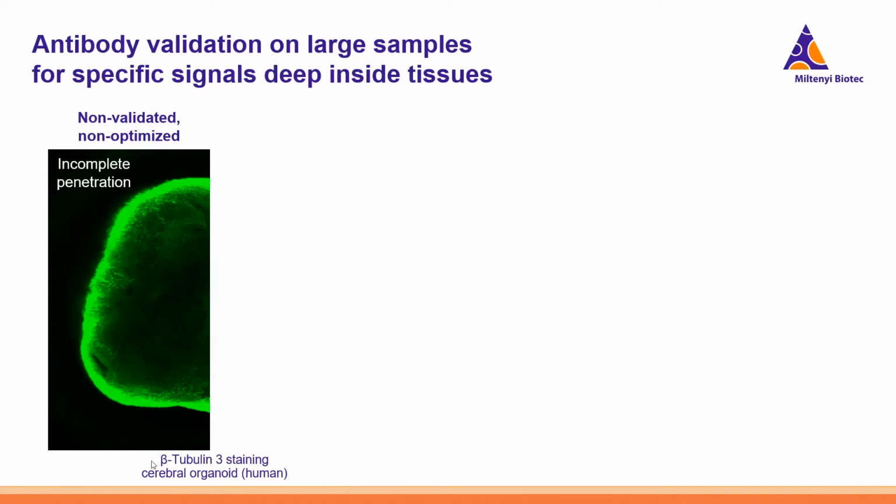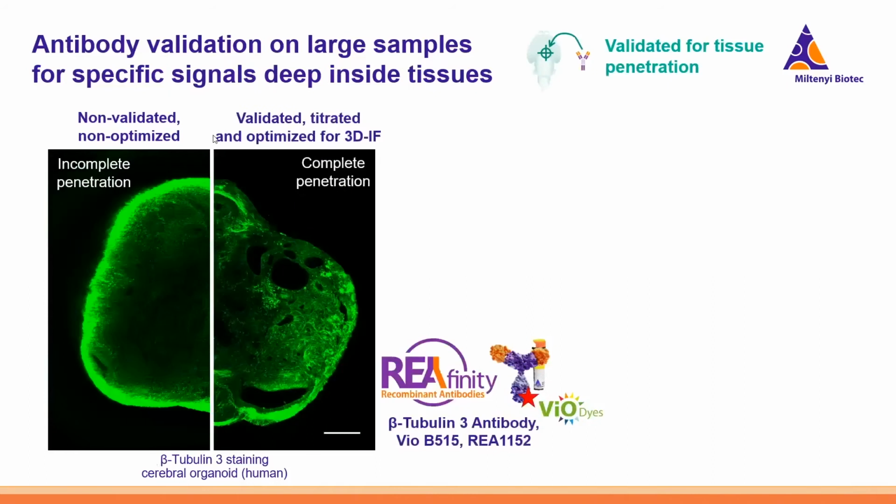This is a neuronal marker, and you see that this is not acceptable as an antibody staining of a large sample. And the difference is that if you have validated an antibody, it is working for this application, and you know the optimal concentration and it has been optimized, you see that the antibody fully penetrates the sample. And this is simply the work that you can save when using validated reagents.